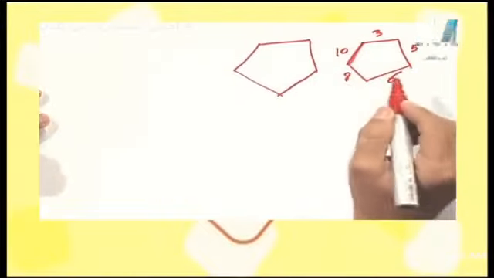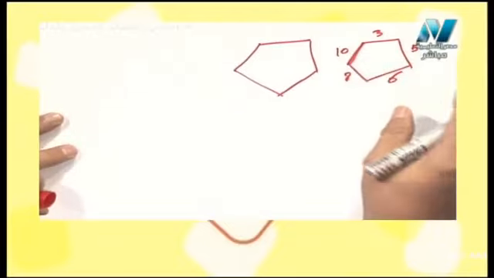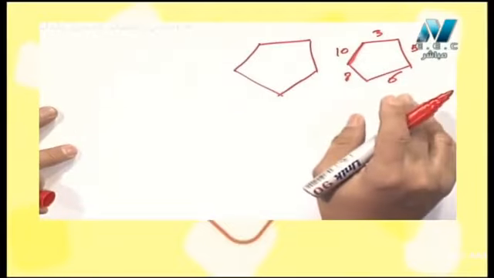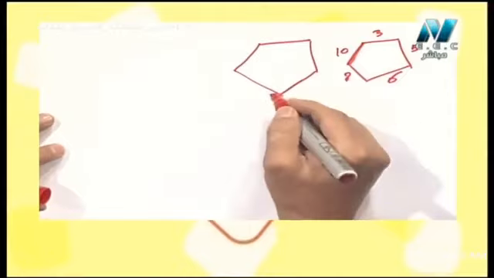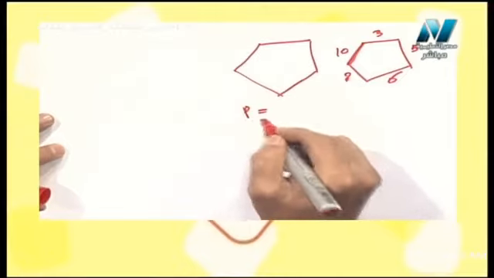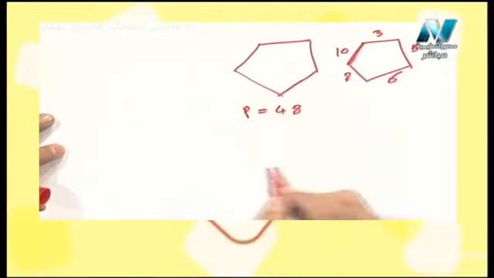Don't concentrate on the sides, because it's just numbers. And the perimeter of the second one is 48 centimeters.